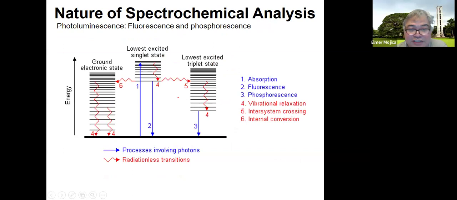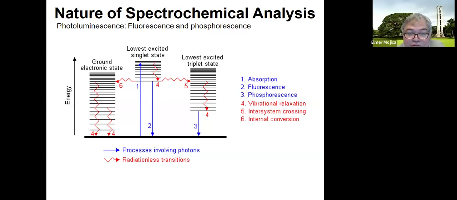So ito na yung parang nagiging ano no, Jablonski diagram. So you have a process that involves what? The photons. So ito na yung energy. So from here, from the ground state, it can go to the lowest excited state. So that's absorption. Okay. Now, if this goes back from the singlet state to what we call the lowest state, that's fluorescence.